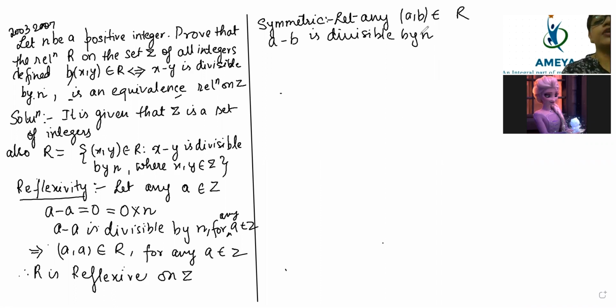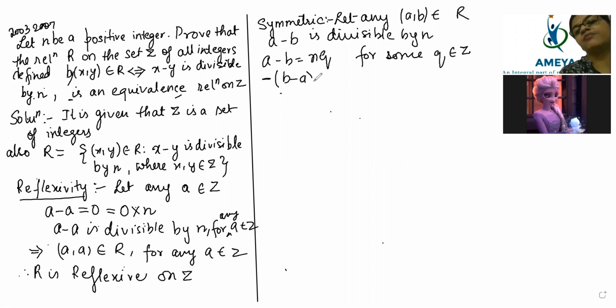So what you can write? A minus B will definitely be having N as the factor into Q we can write, for some Q belongs to integer because it will also be integer. Okay. So now what we can do, beta? We will take minus common the way we have taken minus common yesterday.